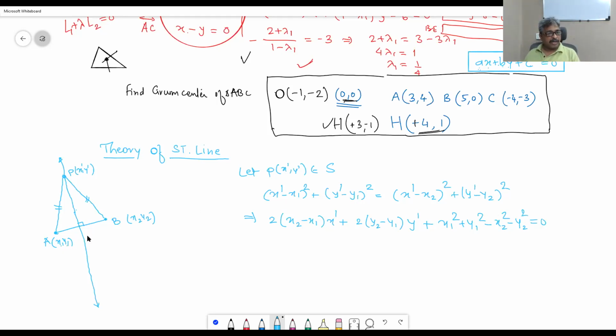Now x1, y1, x2, y2 are distinct because A and B are the endpoints of the segment. Therefore, we know x1 and y1 are real numbers. So x2 minus x1 happens to be a non-zero real number, and y2 minus y1 happens to be a non-zero real number.